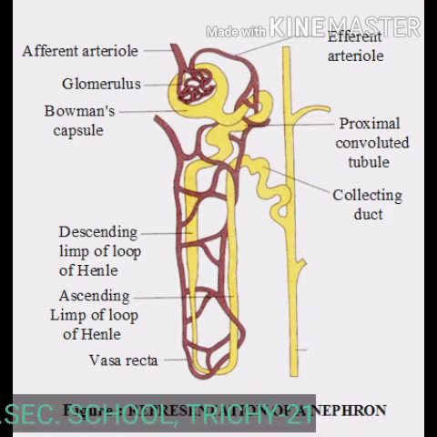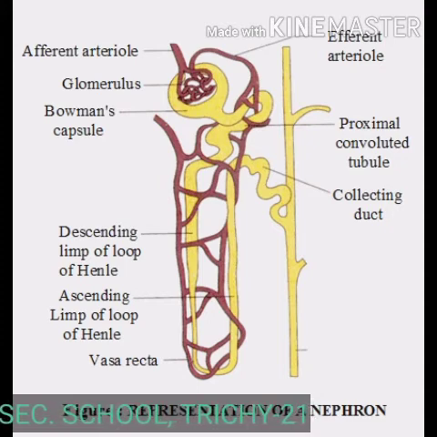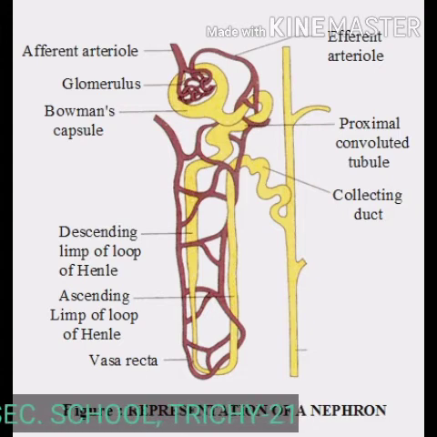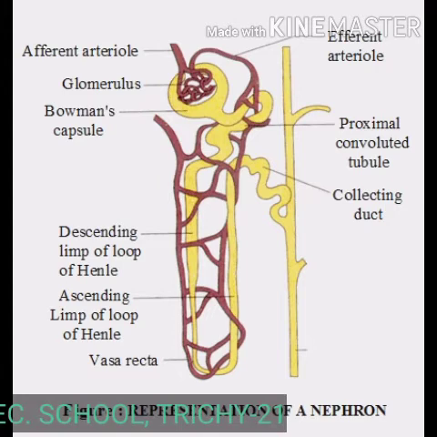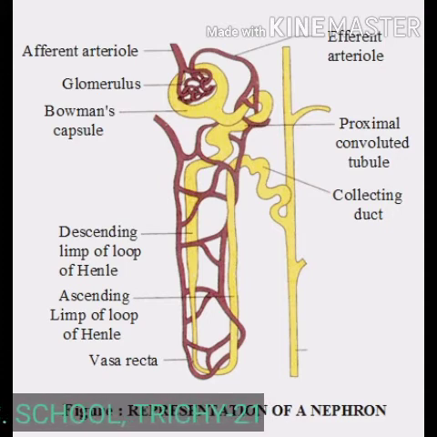Each nephron consists of a renal corpuscle or Malpighian corpuscle and a renal tubule. The renal corpuscle consists of a cup-shaped structure called Bowman's capsule, containing a bunch of capillaries called the glomerulus.